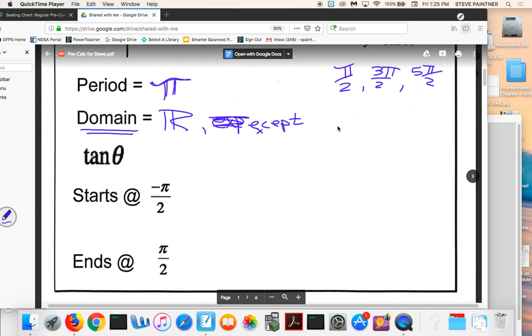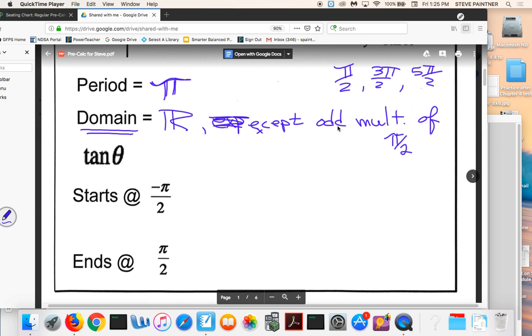What kind of pi over 2? Pi over 2 plus pi. Odd. Except odd multiples of what? Pi over 2. So when I say except odd multiples, I mean 1 pi over 2, 3 pi over 2, 5 pi over 2. You get it? Right?